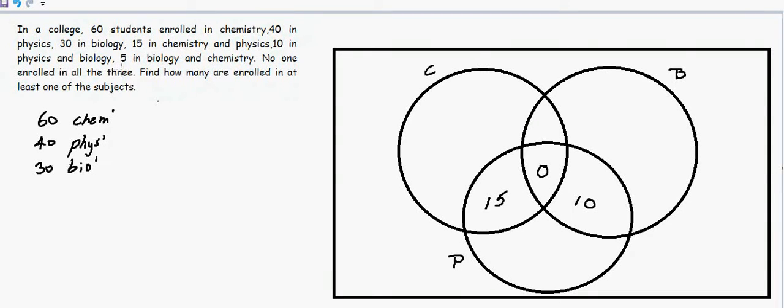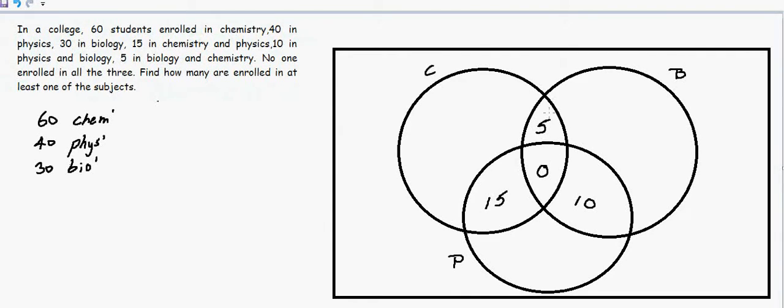And then we have 5 did biology and chemistry. So again, we're interested in this intersection here. And 5 did biology and chemistry. If they had said they did just biology and chemistry, then we would put 5 in here.